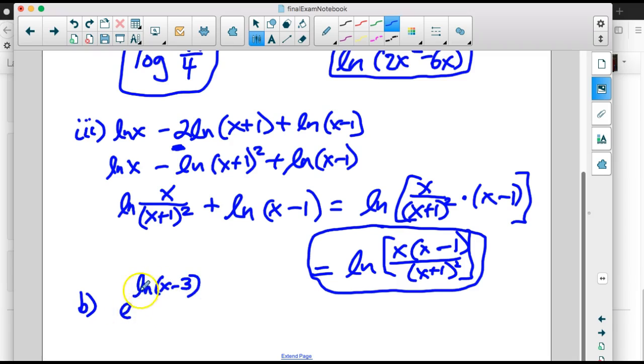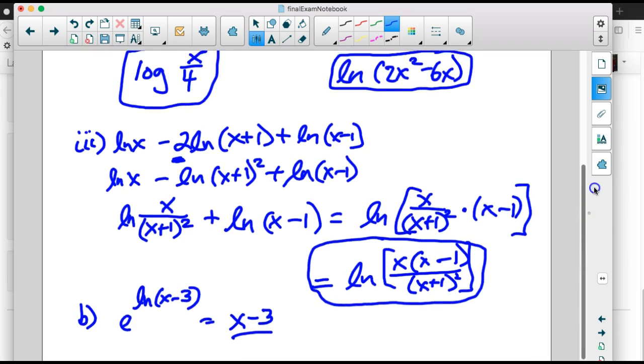Since these are inverse functions, we can reduce them to just this value. So the answer to that is just x minus 3. They undo each other and you end up with this term here, x minus 3.